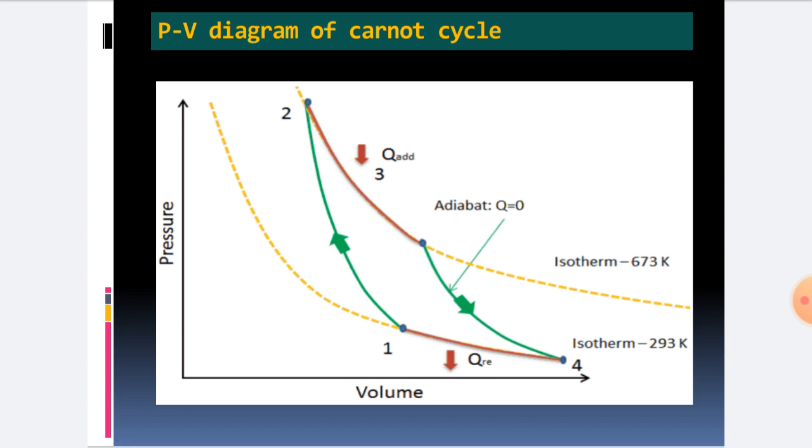Heat absorbed will be equal to 0, so the work done on the gas. As a result of these four operations, the system has been restored to its initial state. From the first law of thermodynamics, for the cyclic process, the change in internal energy will be 0, and so the net heat absorbed will be equal to net work done by the gas.